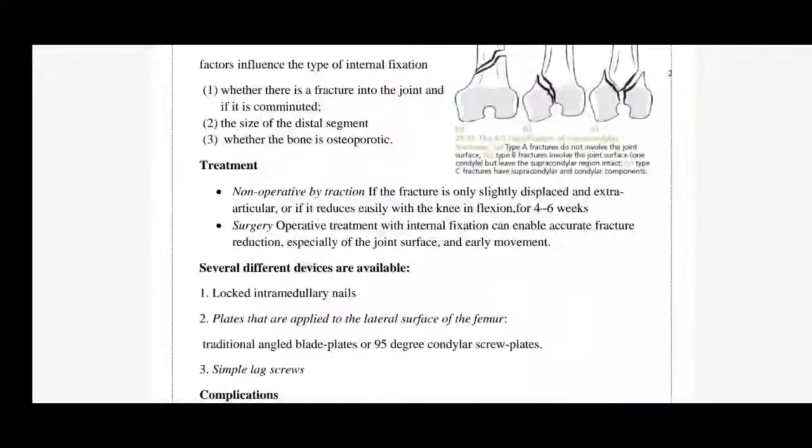Treatment of supracondylar fracture: non-operatively by traction if the fracture is only slightly displaced and extra-articular, or if it is reduced easily with the knee in flexion for 4 to 6 weeks. This manner is not used much.